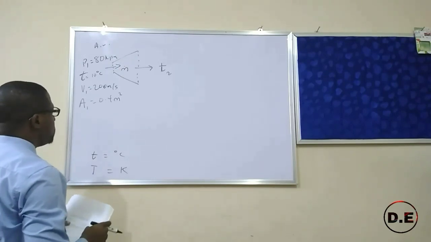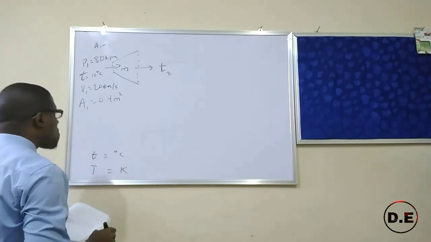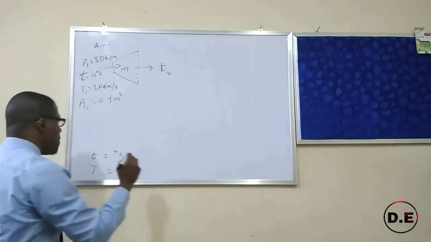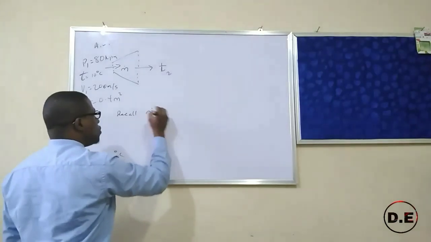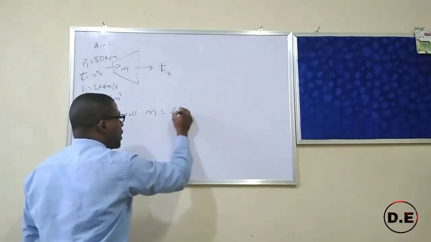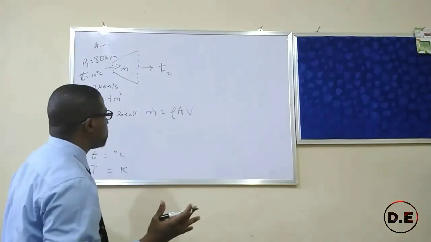So first, let's begin by trying to determine the mass flow rate of the air. Recall that m dot is equal to rho AV, where V represents the velocity.